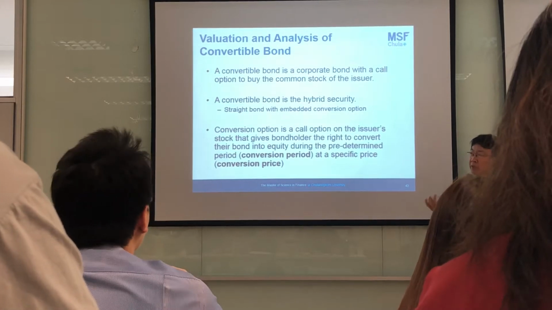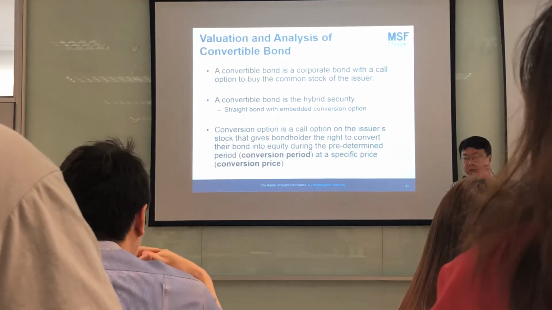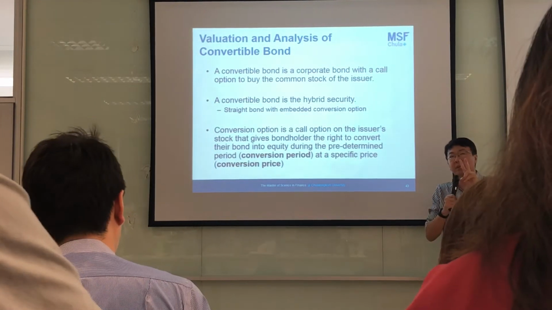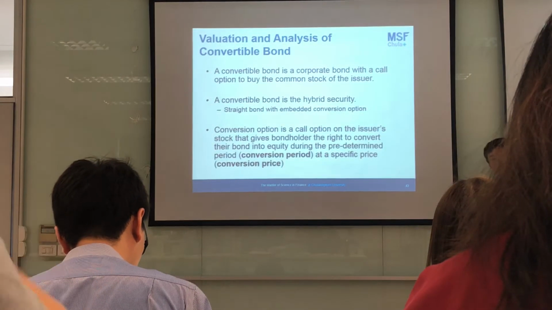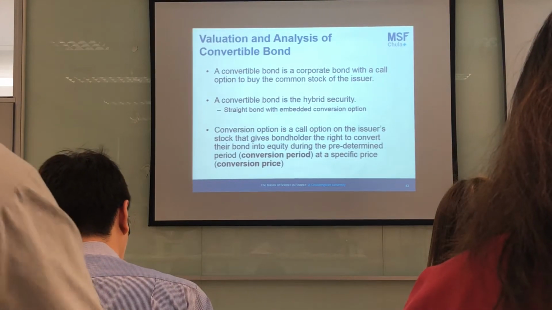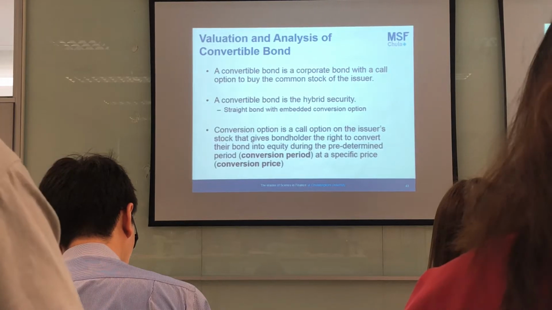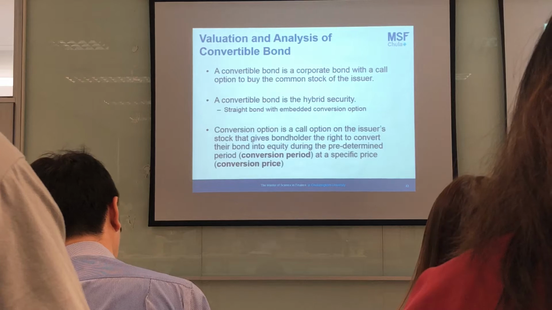So in this case, the convertible bond is like two securities combined in one. These two securities consist of the straight bond, plus what? Plus the call option.